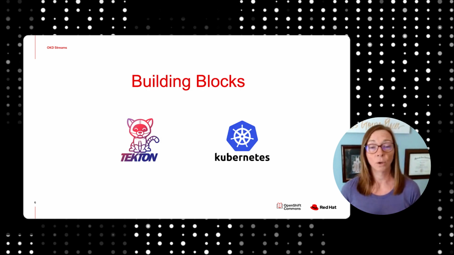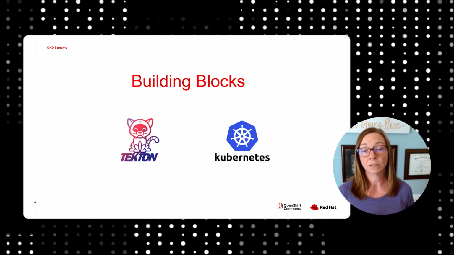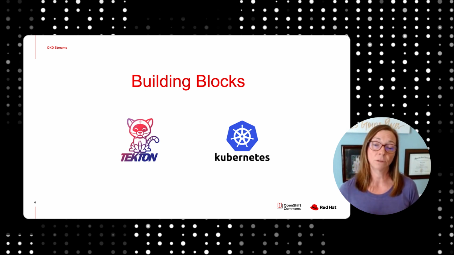As I stated earlier, OKD Streams are built on Tekton pipelines, which make it easier to explore building many different kinds of pipelines. Tekton is widely used and liked for being a cloud-native CI/CD system that allows running tasks and pipelines in a composable and flexible manner. This follows the same patterns developers use in Kubernetes to deploy applications, which makes the learning curve low.